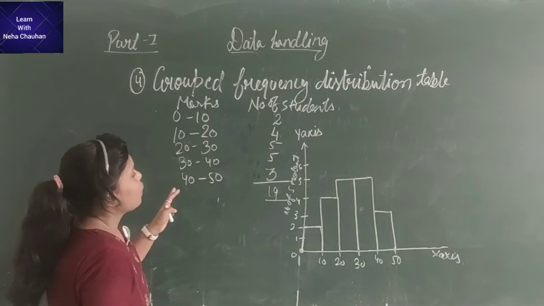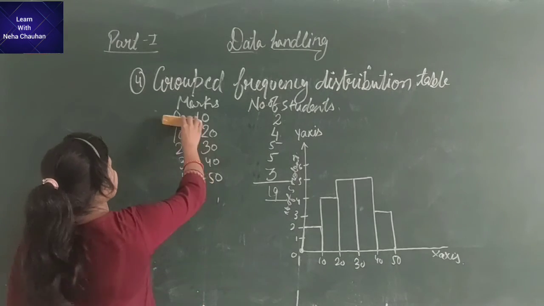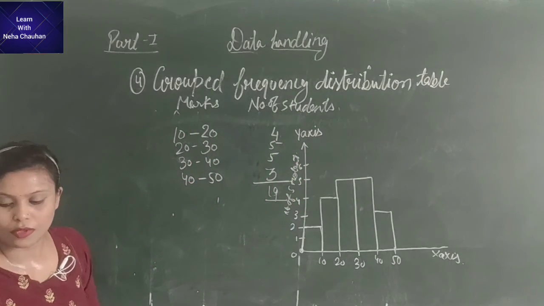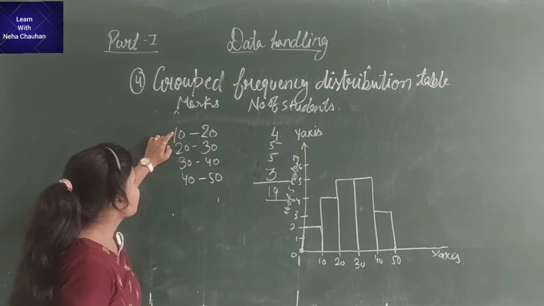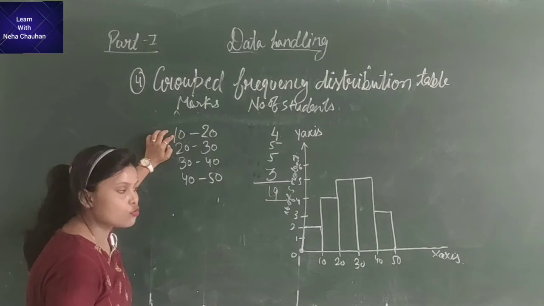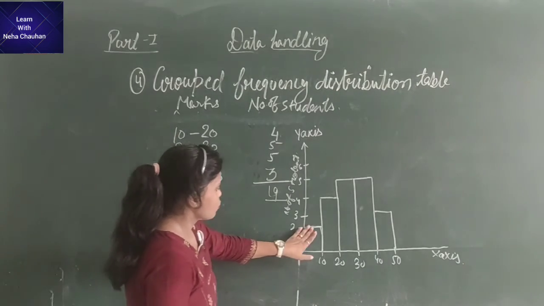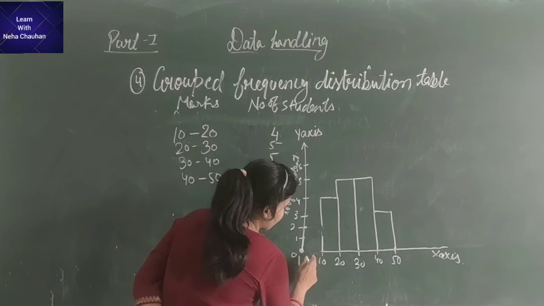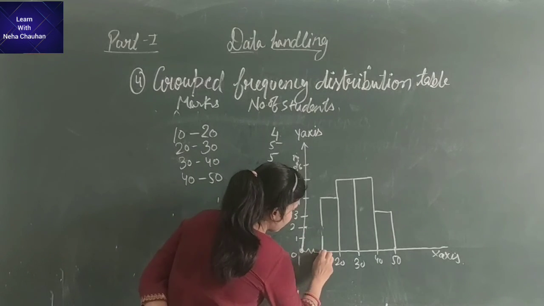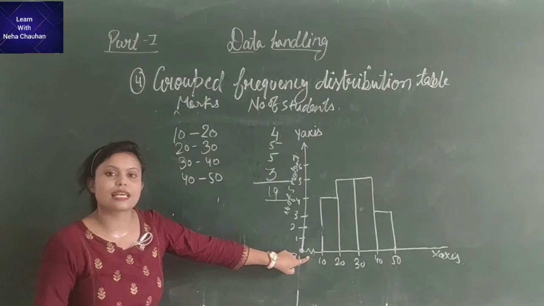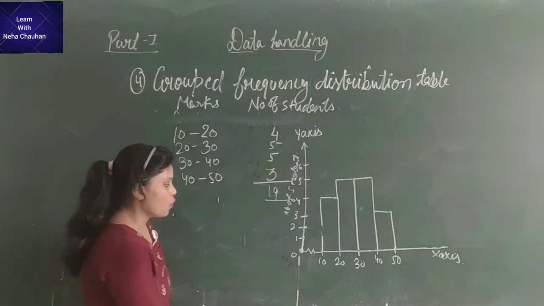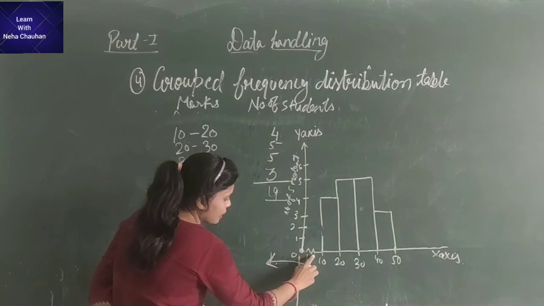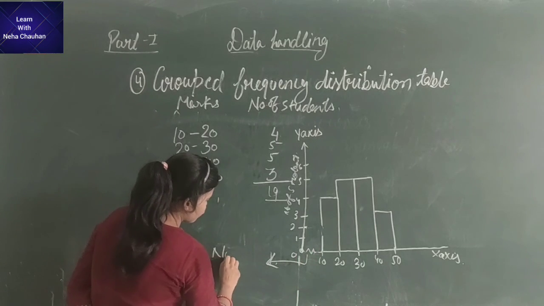Now what if this data is not given? My class interval is starting now from 10. So how we will represent it? So we will represent it with a zigzag line. This shows that the data here is not mentioned.